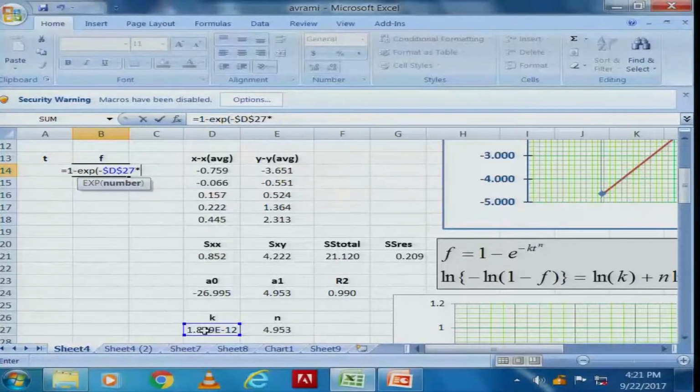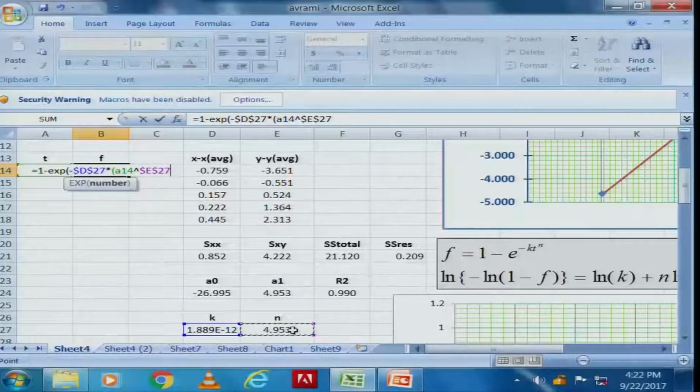Maybe it's a good idea to put it in brackets, A14, to power N, which is in cell E27, anchor it, and close brackets.